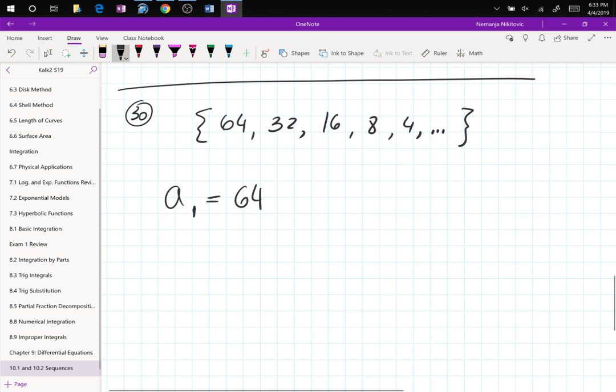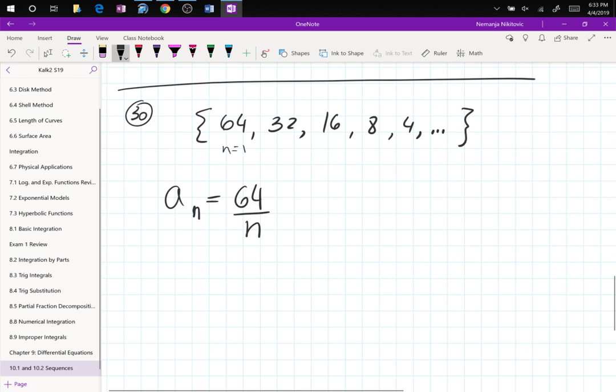So, if I say 64 divided by n, just to try it, my first value over here is n equals 1. Then 64 divided by 1 is 64, right?